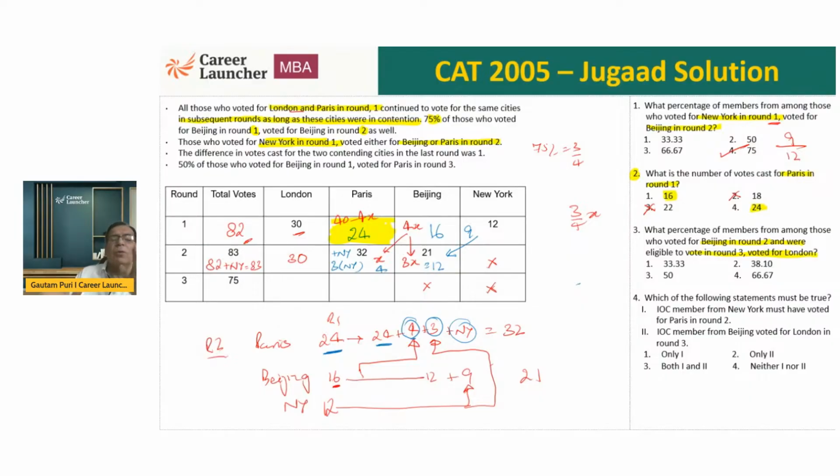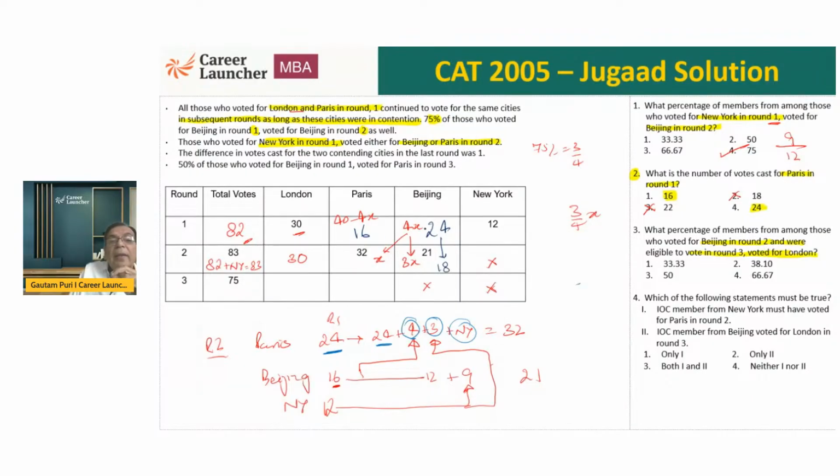Right? Now, one minute, is it clear till here? I'll just rewind and say, supposing we would have decided that no, this is wrong, supposing we would have decided that Paris is 16 and Beijing is 24. What would happen then? That means out of 24, 75%, which is 18, will continue to vote for Beijing.